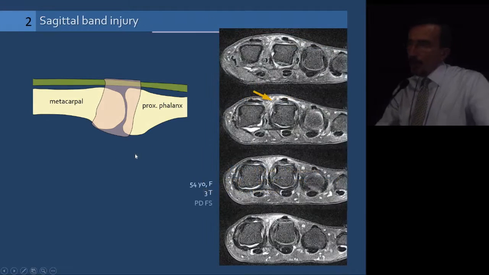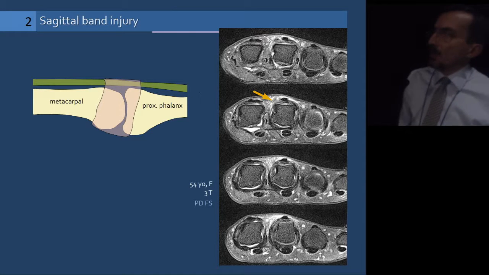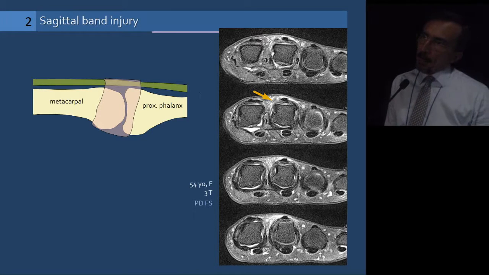So if we go back to the presentation, we will see that in this patient, there was the risk of slippage of the extensor tendon more proximally because of the torn or partially torn sagittal band.